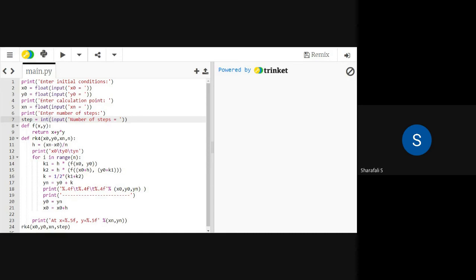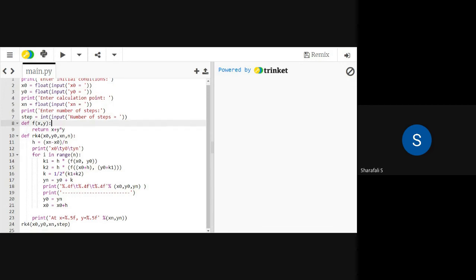Finally after 10 steps, you will reach x equal to 1. So that is the number of steps you need from the initial point to the desired x value. You can provide that, or you can directly give the h value, which is also possible. Here I am calculating the h value by using the number of steps.